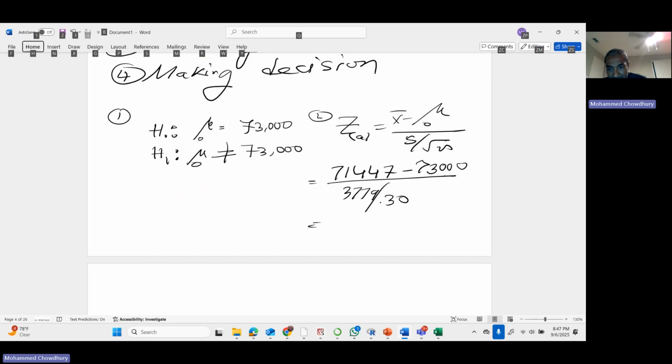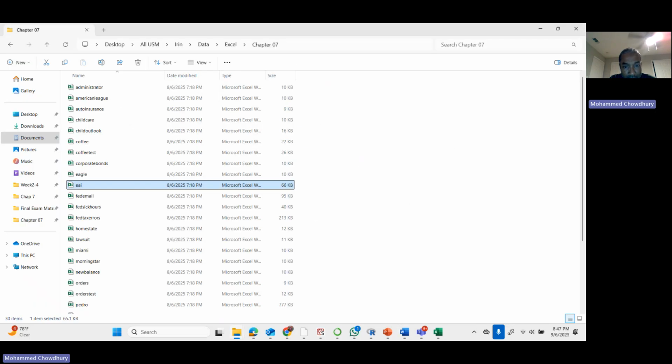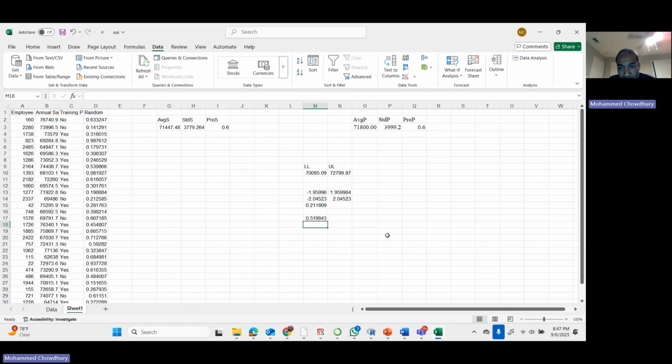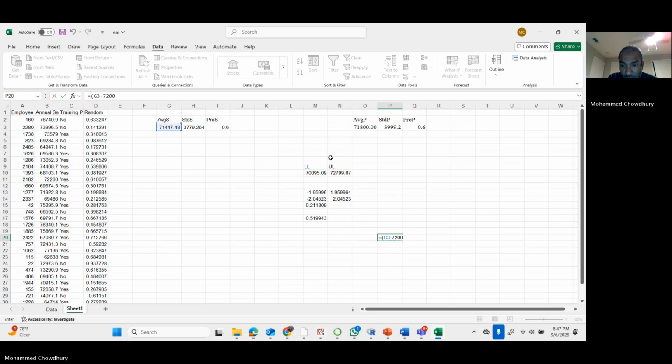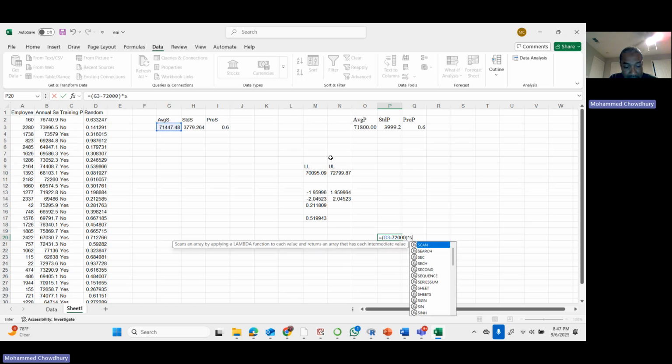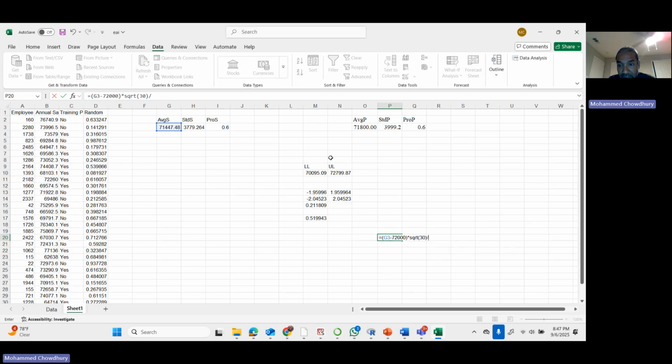If I want to compute this, I take the sample mean minus the population mean under the null hypothesis, and then multiply by square root of 30 and divide by s.